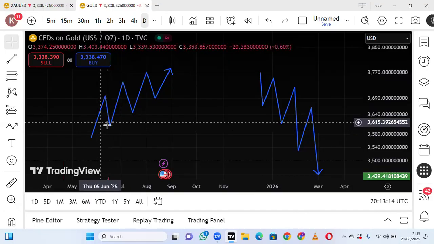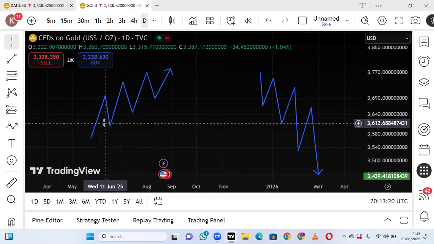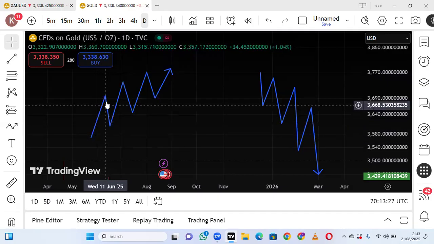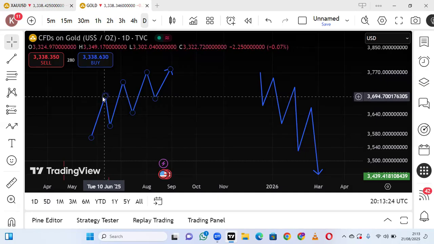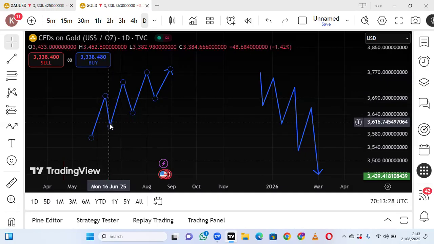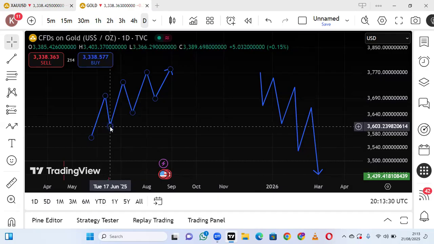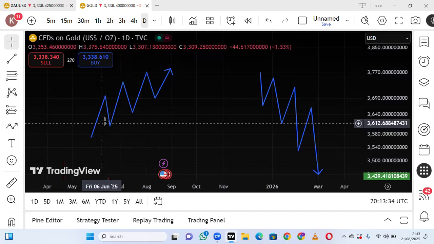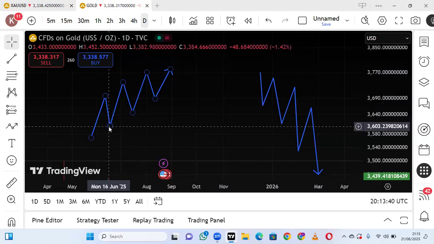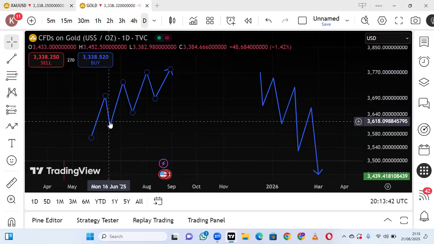In our last class we talked about that, and some of you already know that fair value gap. So this is an external structure, and this is an internal. The reason why we call it internal is coming back to fill the gap and also coming back to the order block or demand zone.